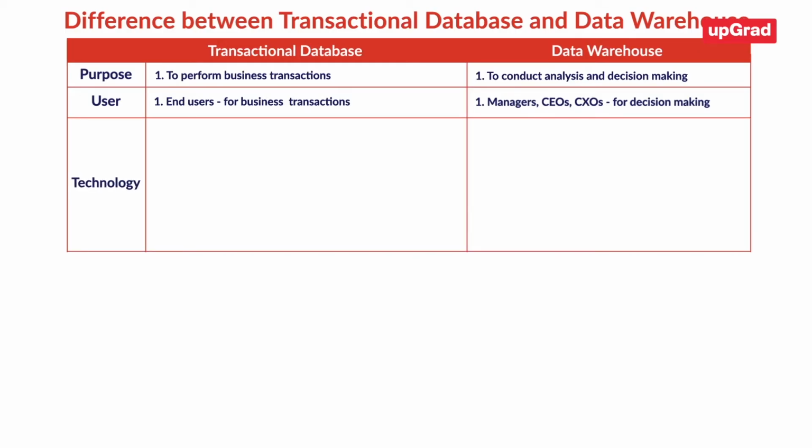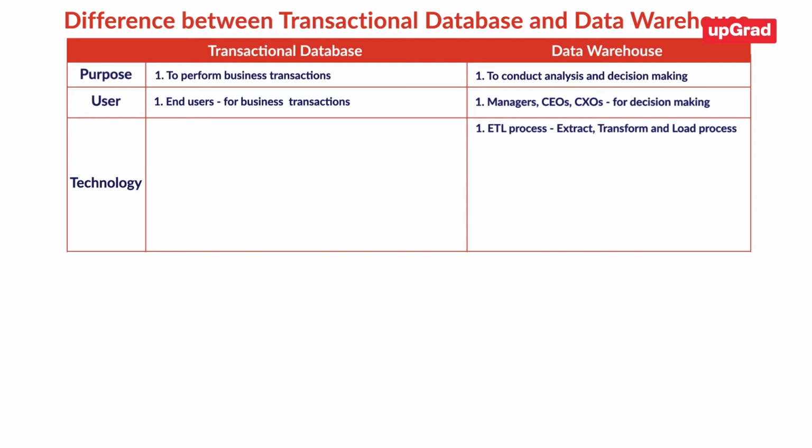In terms of technology, right, there are additional moving parts when it comes to the data warehouse. If you recall the discussion we had on the database architecture, one very significant component of a data warehouse architecture is the ETL process, extract, transform, and load process.